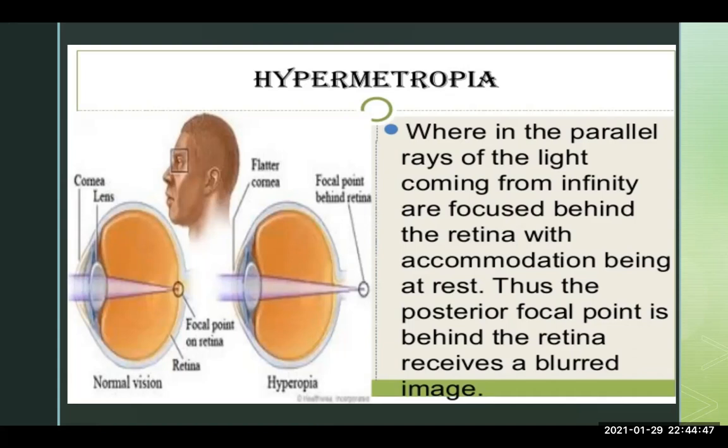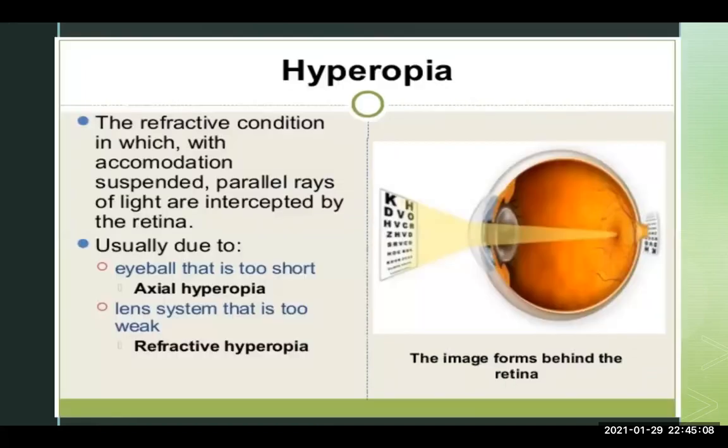This is theoretically with accommodation being at rest, but if the accommodation is active, the hyperopia may be corrected. Thus, the posterior focal point is behind the retina, which receives a blurred image. As I said, it's also called hyperopia.